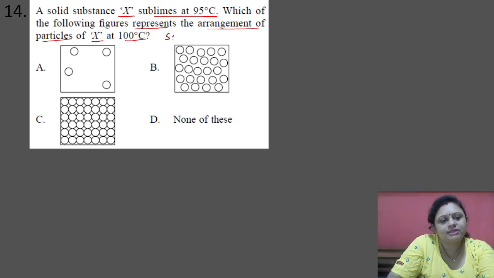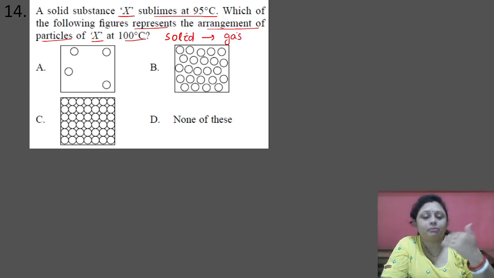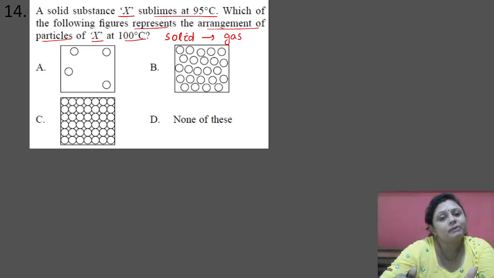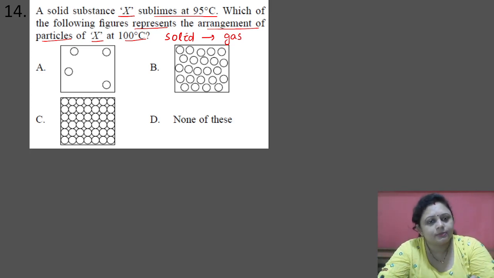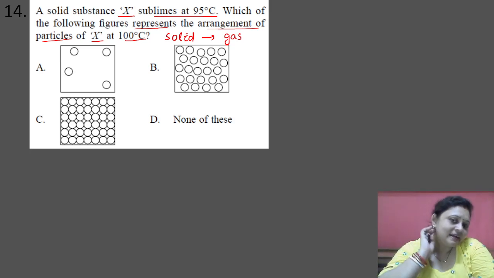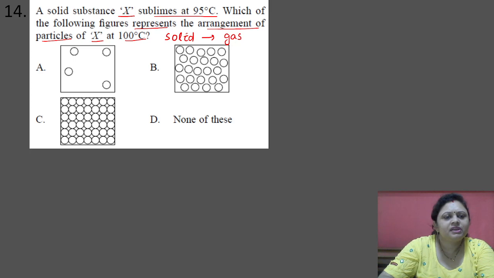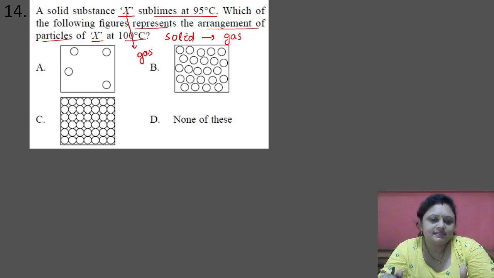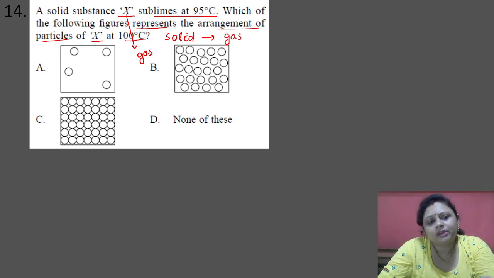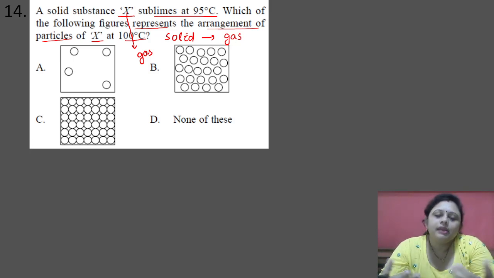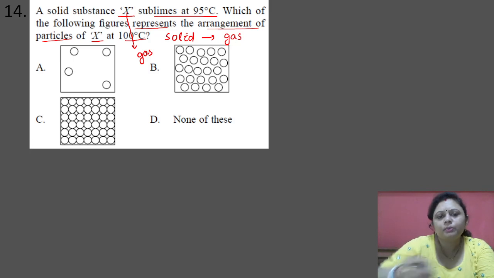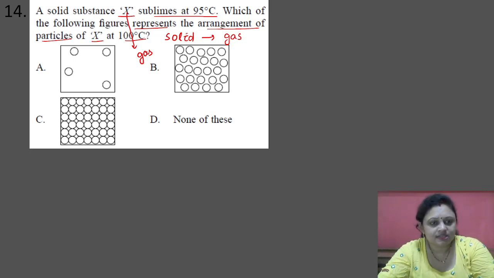Sublimation is a process in which a solid is directly converted to the gaseous state on application of heat without passing through the liquid state. So at 95 degrees Celsius, X is already in gaseous state. So what will happen at 100 degrees Celsius?